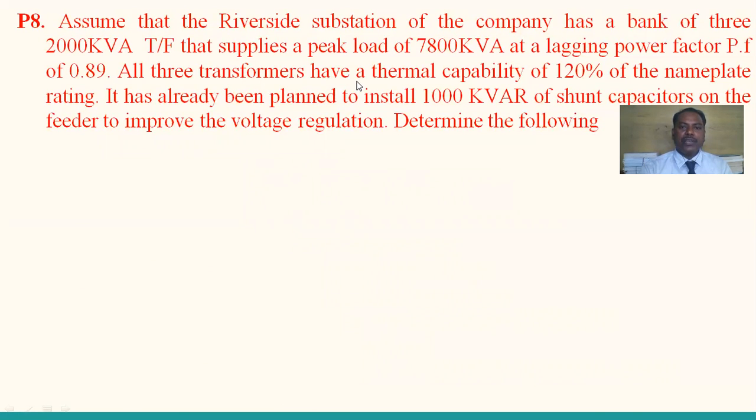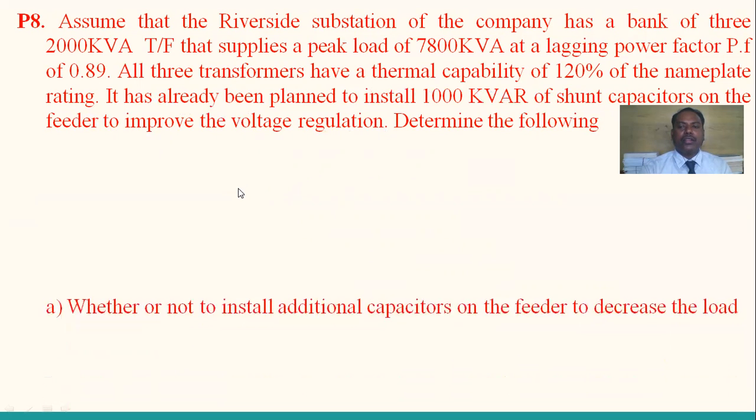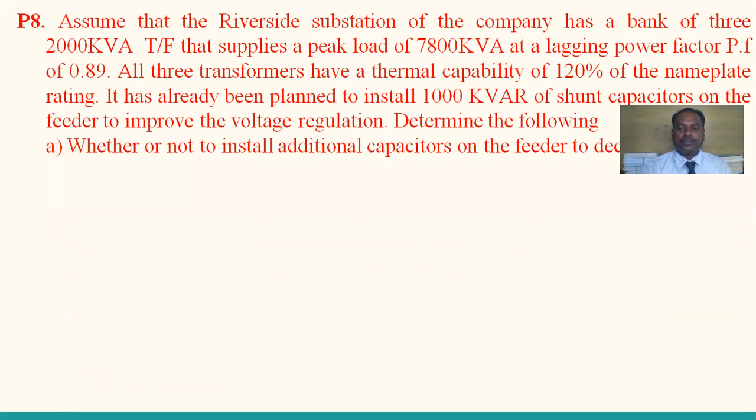All three transformers have a thermal capability of 120% of the nameplate rating. It has already been planned to install 1000 kVAR of shunt capacitors on the feeder to improve the voltage regulation. Determine the following. So what are the unknowns?